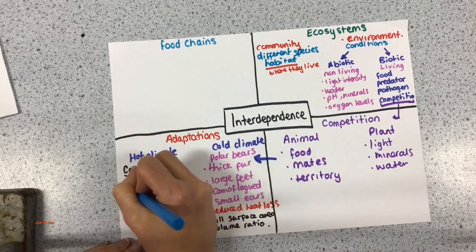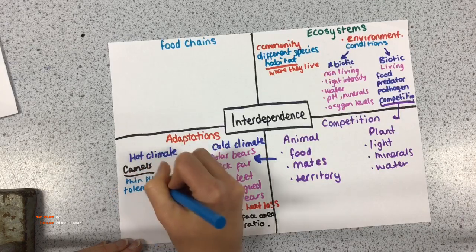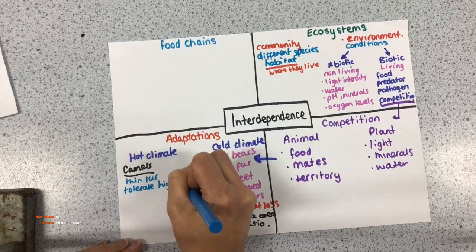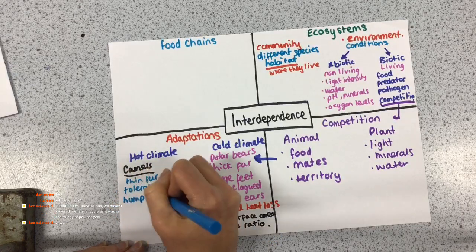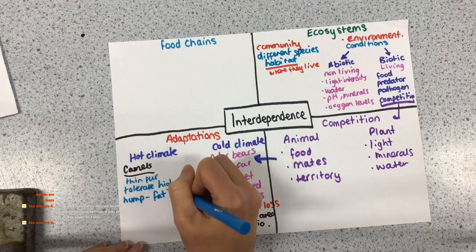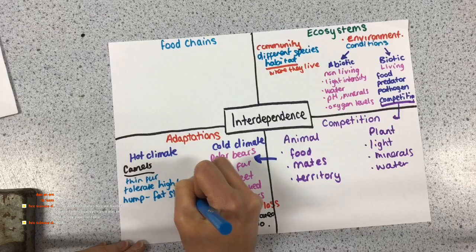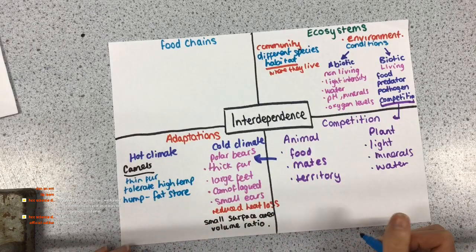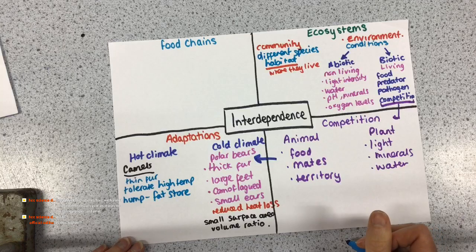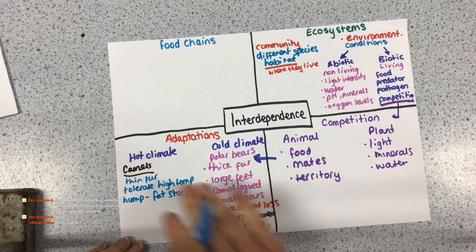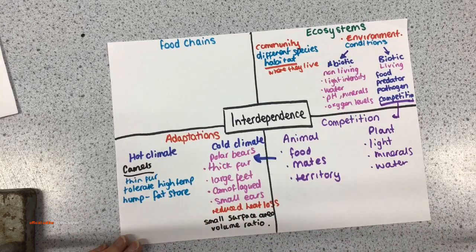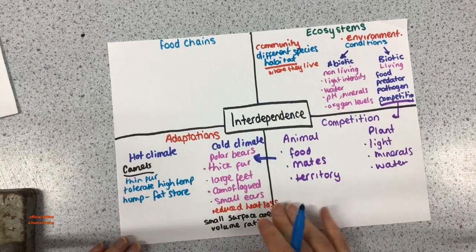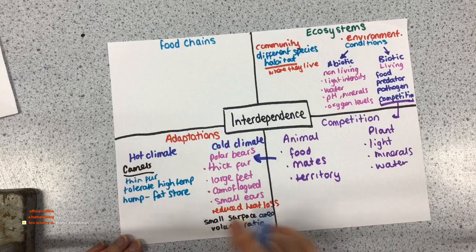They can tolerate high temperatures, and they have a hump that is a fat store. So that's their adaptations. They also sometimes link elephants' ears to hot climates as well. So that idea that they have large ears, they can lose a lot of heat through their good blood supply, all that kind of stuff.